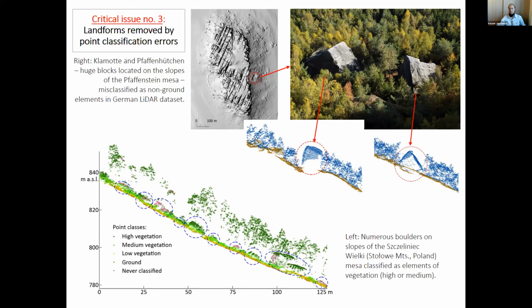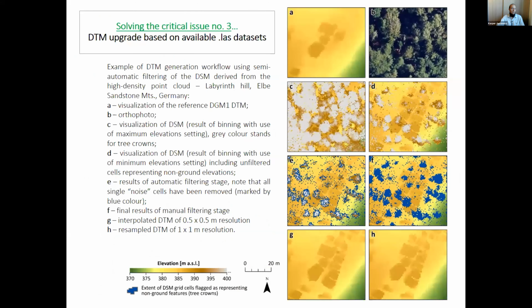And sometimes they are huge ones, as you can see on the photograph on the upper right side. And what's the solution? Actually, there is no universal formula. And here we present an example of dealing with a relatively dense point cloud in the area of Labyrinth Hill in Germany. And to some point it's automatic, but in the end it required manual cleaning up, so it was quite time consuming.